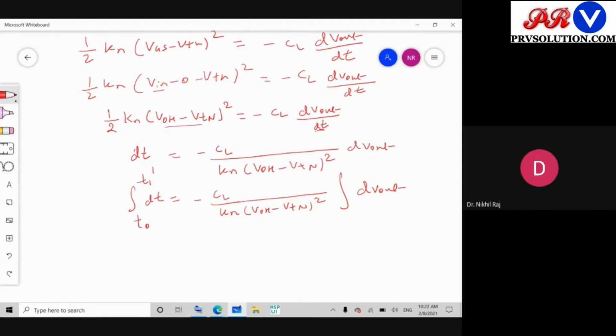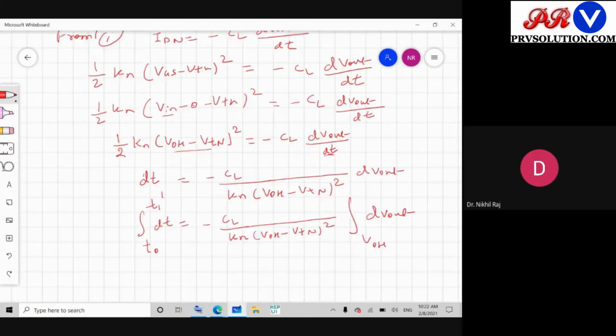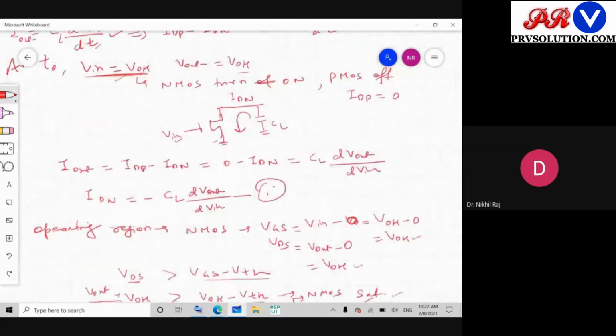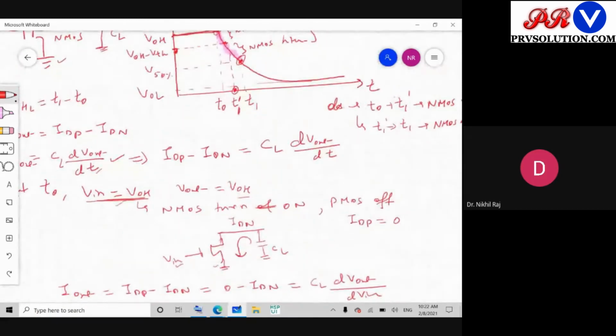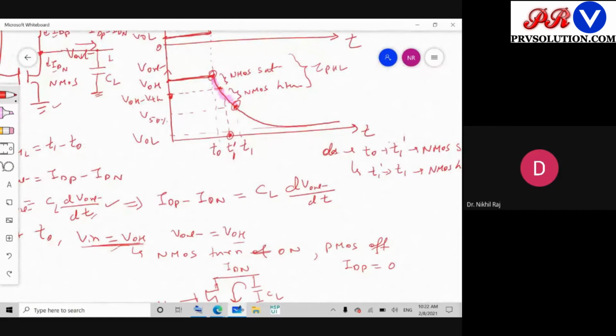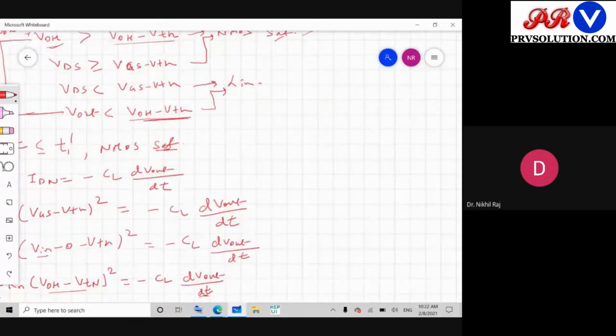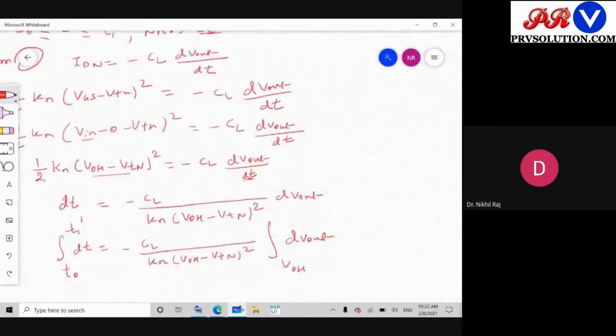And what is Vout at the T0 point? At T0 point it was VOH, and at T1 dash what was the Vout voltage? So if I look back at the graph, at T1 dash, the voltage is nothing but VOH minus VTN. So I will place that value here in the integration. The upper limit is VOH minus VTN. Fine.